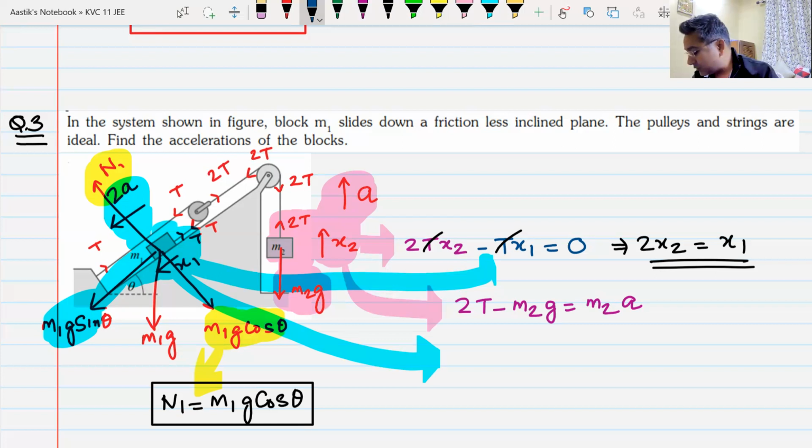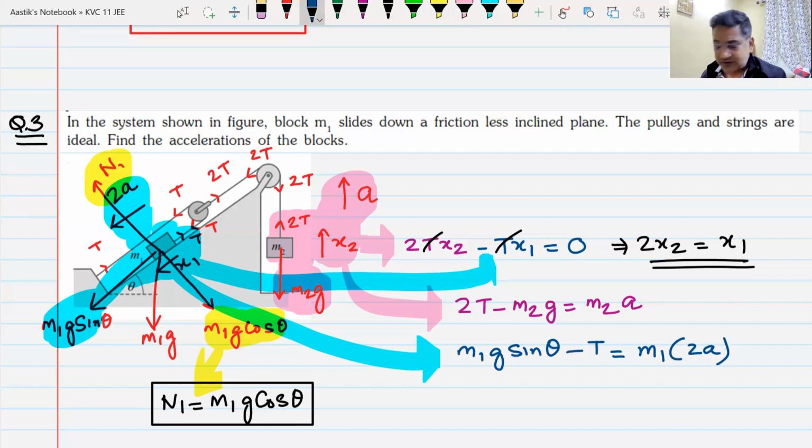See, this is how you get the answer when you open your eyes and do it patiently. The downward force is m1g sin theta, not 2m1g sin theta. Mass is m1. Downward force is m1g sin theta. Upward force is T. It is going down, my dear friends. So m1 multiplied by 2a. Only with acceleration it is 2.